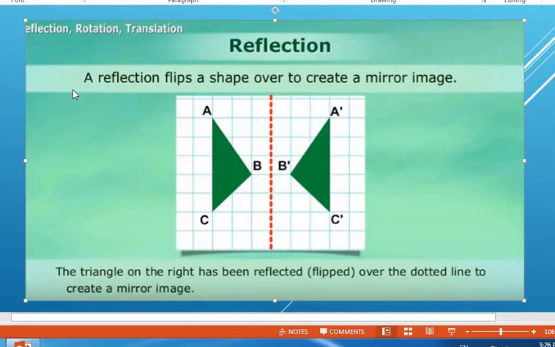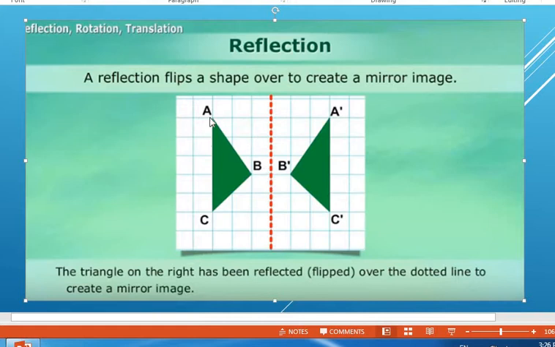Reflection. A reflection flips a shape over to create a mirror image. I have here a shape of triangle ABC. If I flip over or turn over this shape, it means reflect it to the other side, crossing this dotted line.